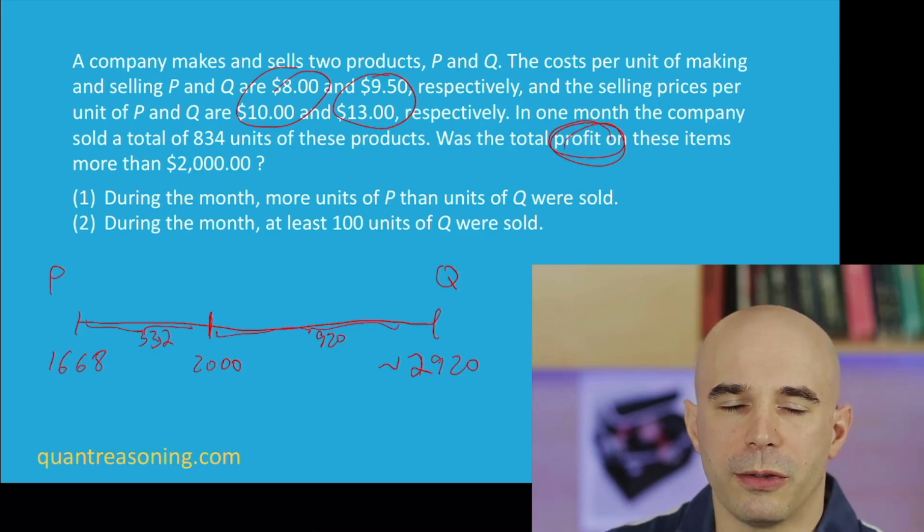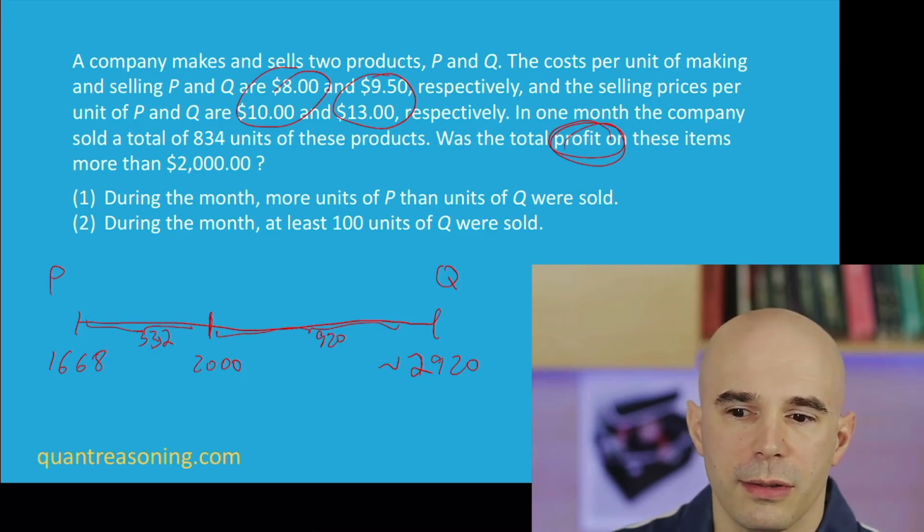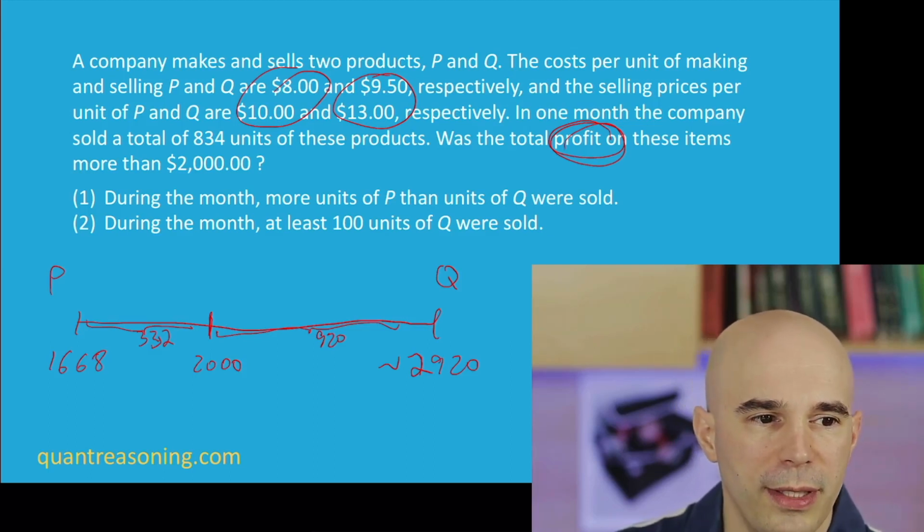So I could rephrase the question to, did we sell around 3 times as much of P as we did of Q? And since the question is asking, is it more than 2,000?